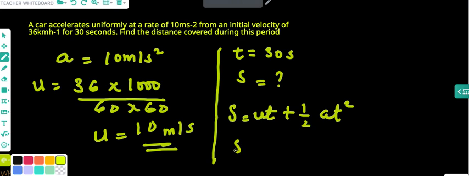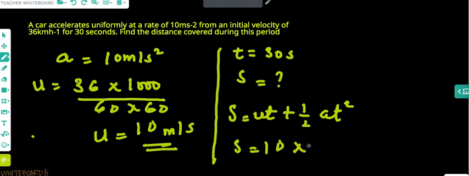So s equals ut, where our u is 10, multiplied by time, which is 30, plus half multiplied by acceleration, which is 10, multiplied by time again, which is 30, squared.